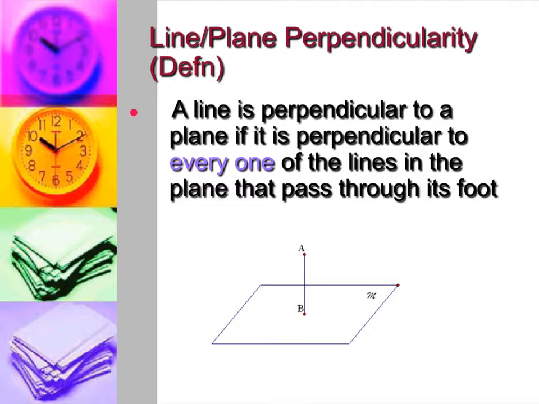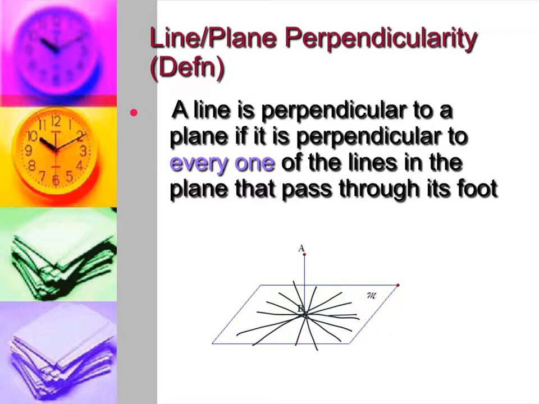It says a line is perpendicular to a plane if it is perpendicular to every one of the lines in the plane that passes through its foot. So what that's saying is, if I draw a line through B, all these going through B, if they are in the plane and they go through B, the foot of that line, it needs to be perpendicular to all those in order to be perpendicular to the plane.